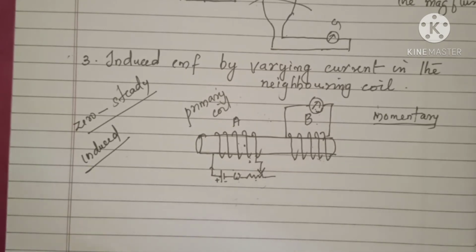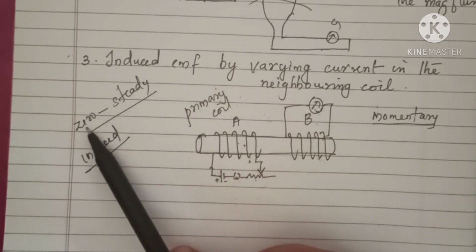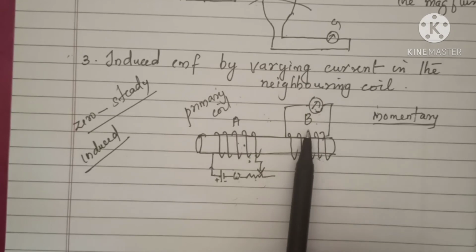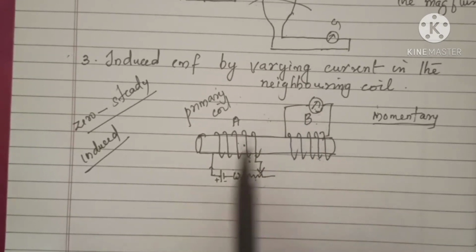Okay. Now as the primary circuit is broken, the current decreases from steady to 0. Isn't it? So again the magnetic flux through the secondary coil decreases. So what will happen? The induced current is set up in the secondary coil but in the opposite direction.